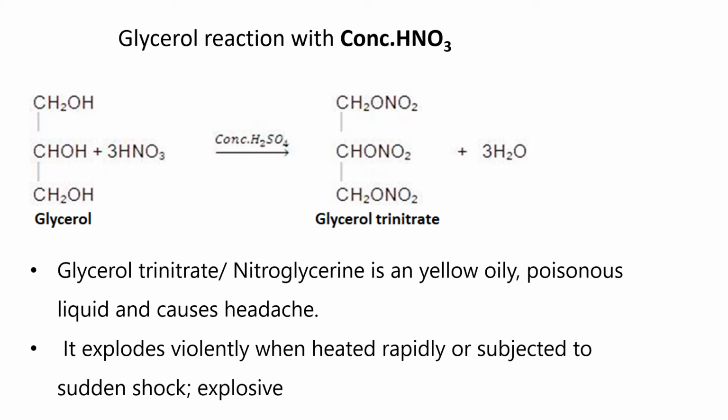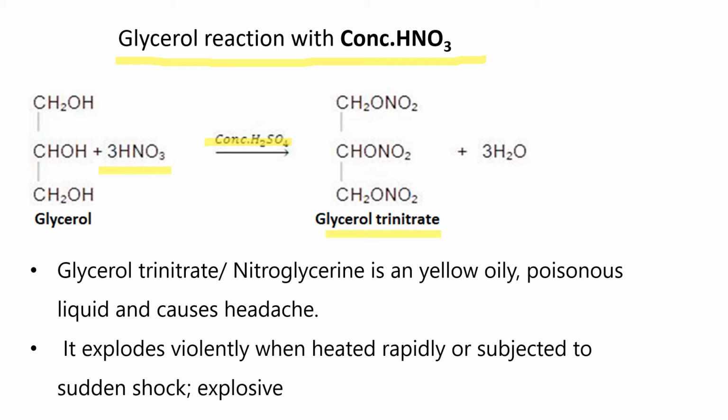Now let us know some of the chemical properties of this glycerol, where glycerol reacts with concentrated HNO3, a concentrated nitric acid. Glycerol reacts with concentrated nitric acid in presence of concentrated sulfuric acid, forming glycerol trinitrate.